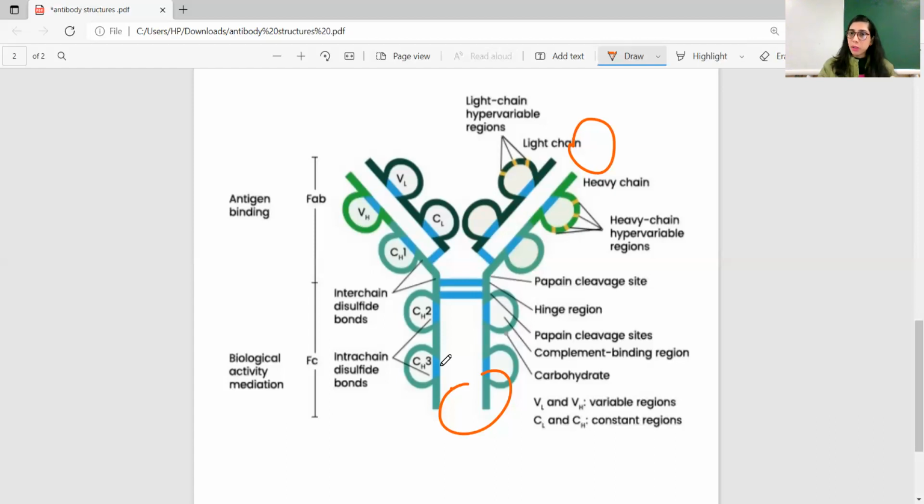T cell maturation takes place in the thymus, and B cell maturation takes place in the bone marrow. You are all clear with this. Now, after the formation of antibodies, they are released in the blood. So where do they reside? This is the question. In your blood, where are antibodies living? This is important to understand.